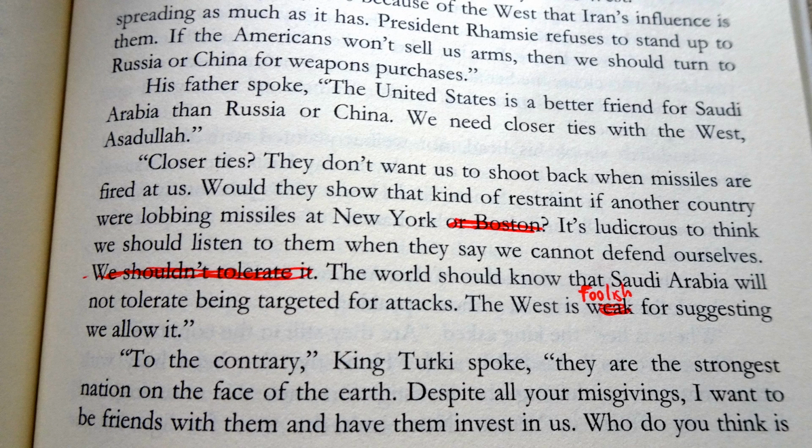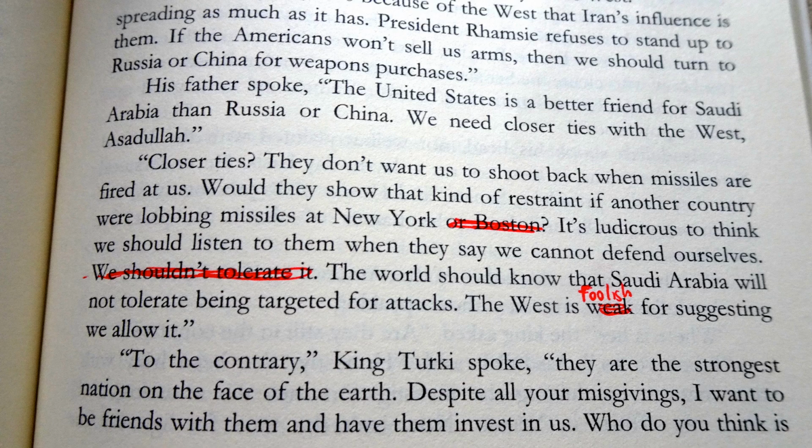Real small change, but here Asajala is saying, the Houthis, what if they were launching missiles in New York or Boston? I clearly show that Asajala is not super familiar with the United States, though he has some understanding of it. So I wanted to get rid of that wording, or Boston. It's super subtle, but does the prince even know about Boston?